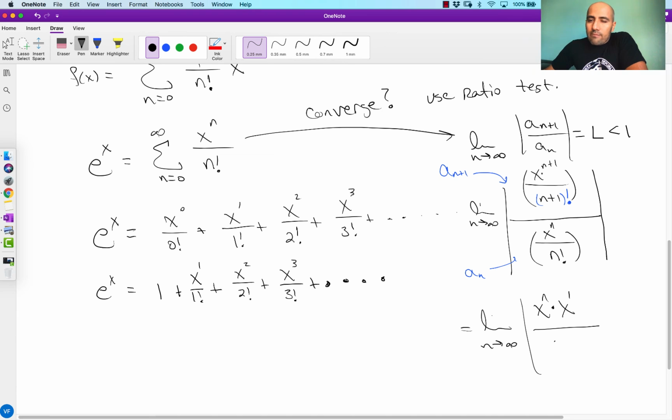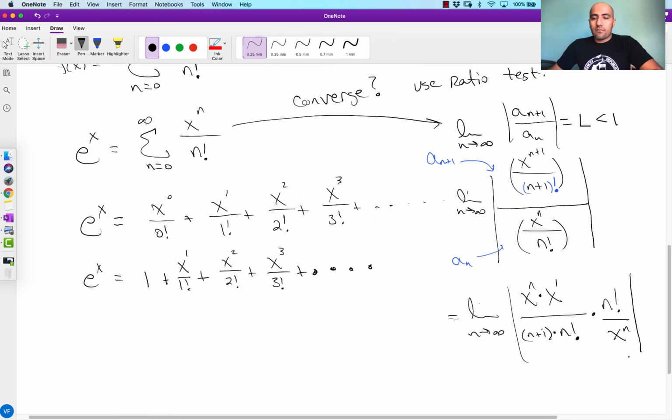Okay, so then I broke up this part here into these two. So now I'm going to separate this into n plus 1 times n factorial, and then that'll cancel out with that one. So then that's times the reciprocal of the numerator, so that'll be n factorial divided by x to the nth. I'm just flipping this guy upside down. All of that is still inside the absolute values.